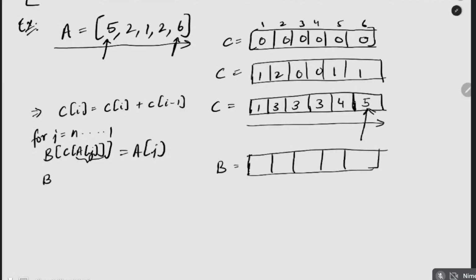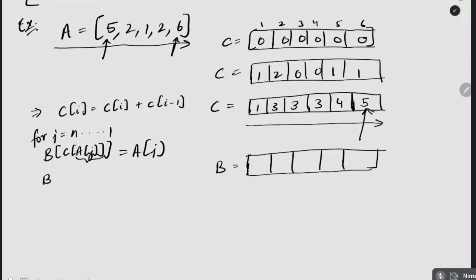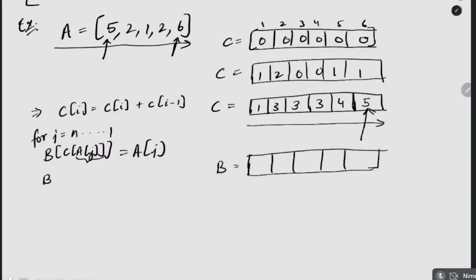Yeah, so 6 goes into the fifth index. 3, 4, 5, right? So 6. And then 2, so the index for 2 is 3, right?